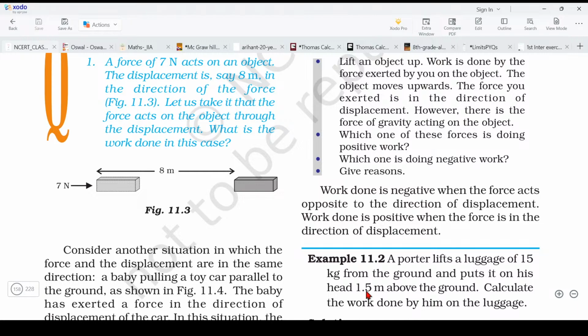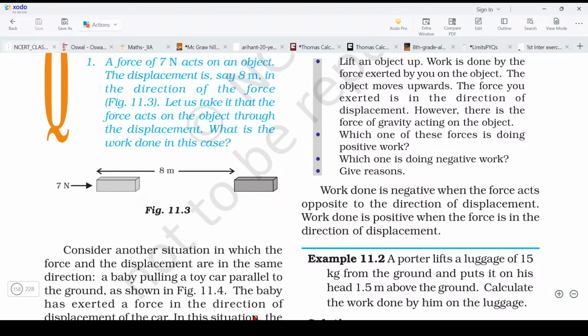Okay. What is Newton? Newton is the unit of what? Force. What is force?